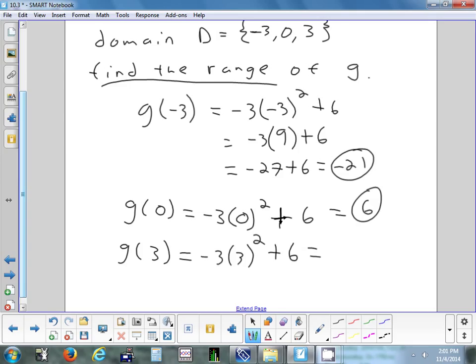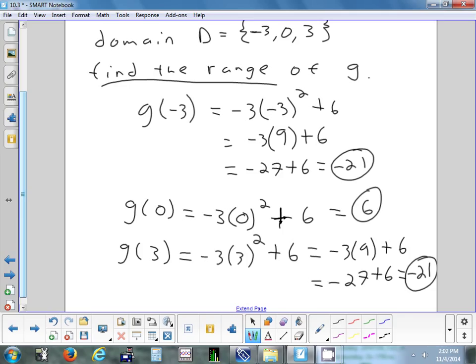Okay, Marcus, what do I do next? 3 squared. Which is, Isaiah, how much is that? 3 squared is 9. What's negative 3 times 9? Negative 27. Plus 6? Negative 21.